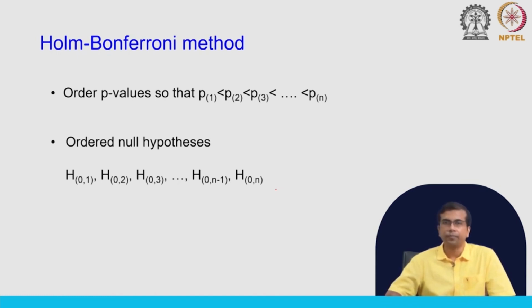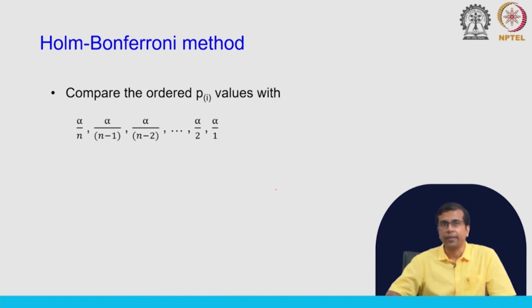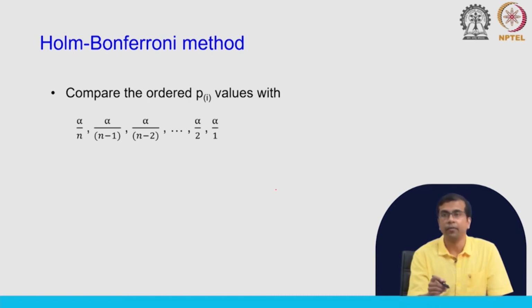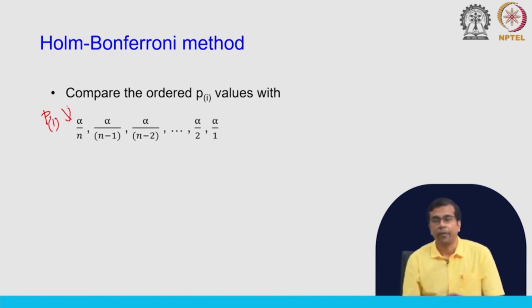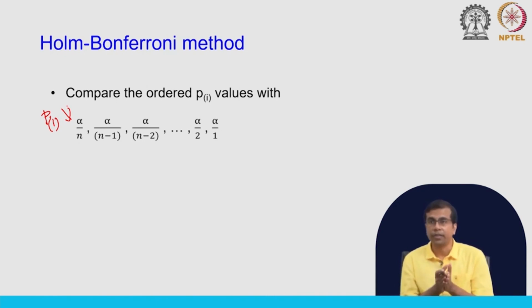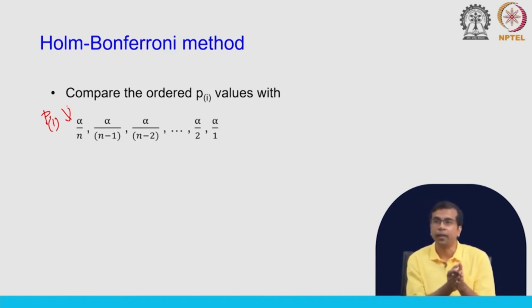Okay. So, what this method proposes is that instead of doing alpha by n, where n is the number of statistical tests, compare these ordered p values with alpha by n, then alpha by n minus 1, and so on. Okay. So, we start with, let us say, i equals 1. For p (1), the smallest p value, we compare with alpha by n. Okay. So, alpha by n is the most stringent cutoff, and p (1) is the lowest p value.